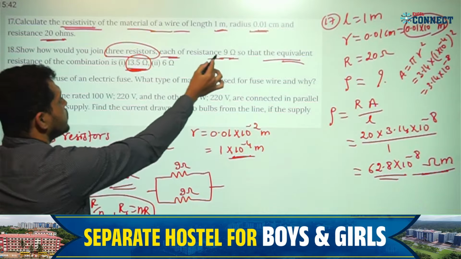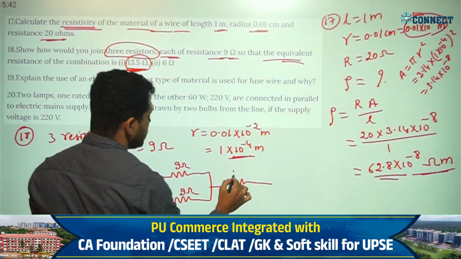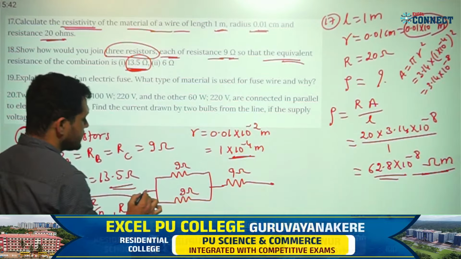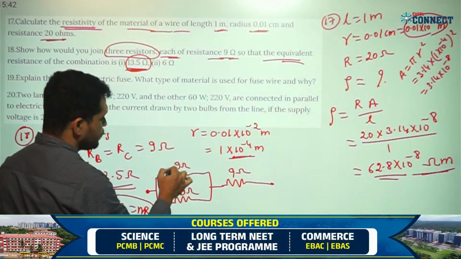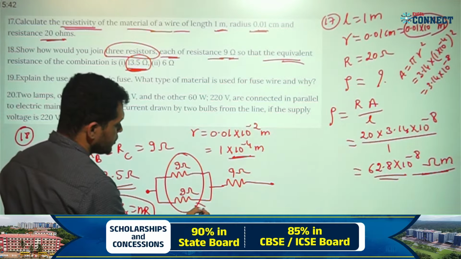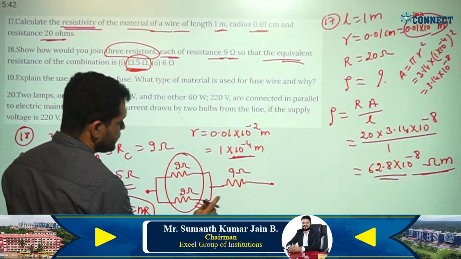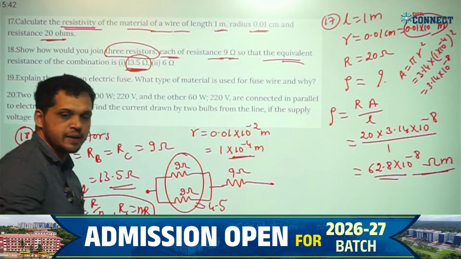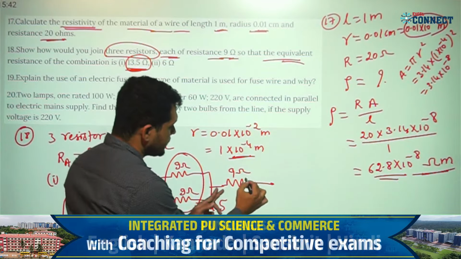Now, I have to connect one more resistor. How can I connect it? In series, this is of 9 ohm. Now, what is the equivalent resistance of this combination? The equivalent of the two parallel resistors is 4.5 ohm, and this 9 ohm is in series.